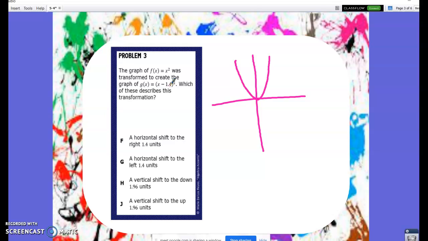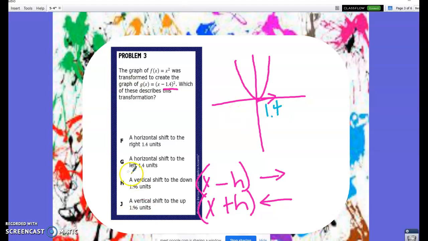If you'll recall on the last slide, if you have a minus h value, it'll move it to the right. And if you have a plus h value, it'll move it to the left. And this is always done in the parentheses of vertex form. So in this case, if it's minus 1.4, then that's going to move us to the right 1.4 units.